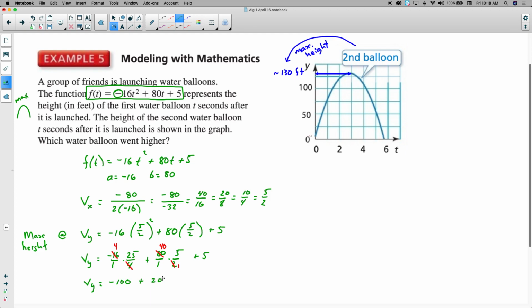Yep, 200 plus 5 for a grand total of 105 feet. Well, so it looks like the answer is, which water balloon went higher? The second water balloon. Done.